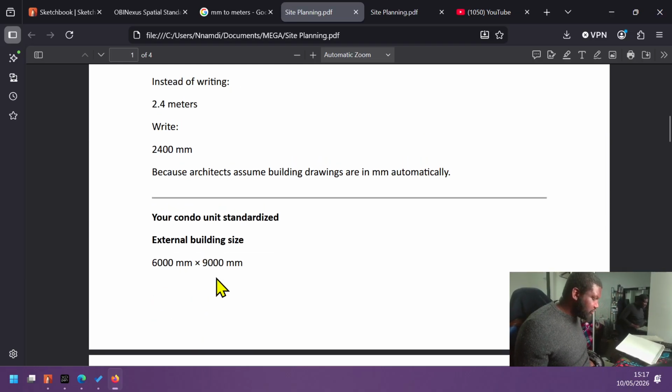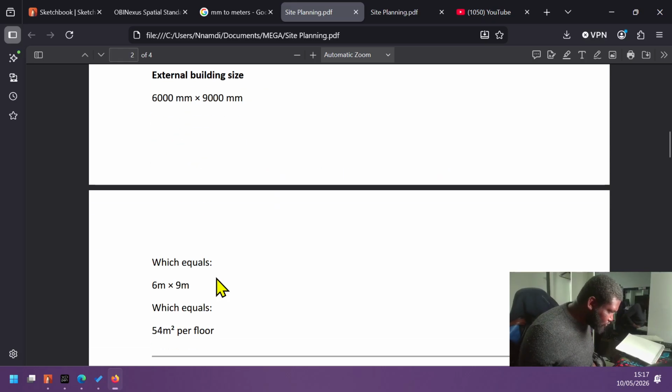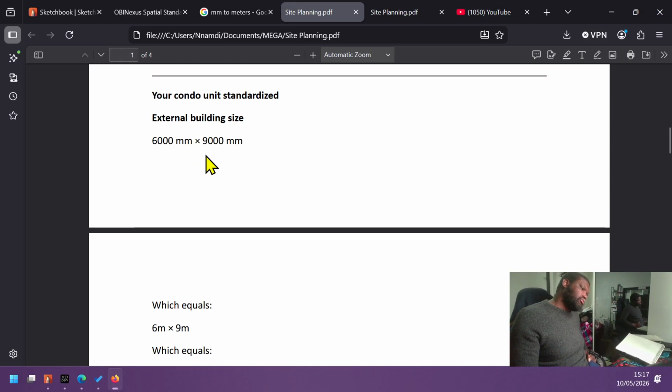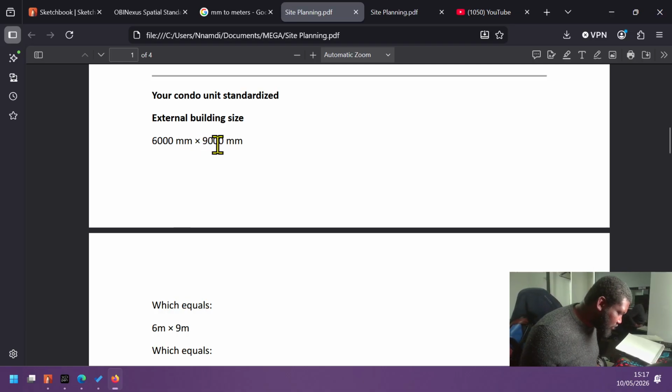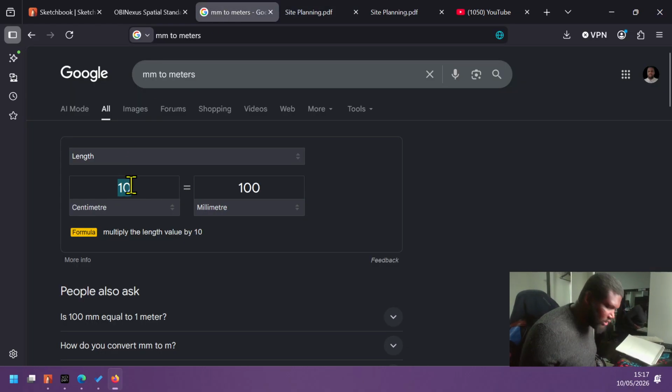So this is a housing. So the housing will be 6,000 times 900. 6,000 will be 600 centimeters.